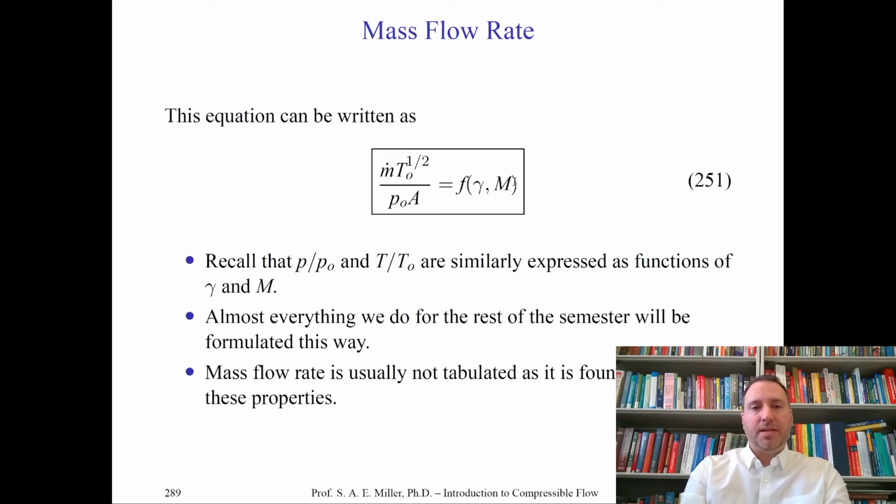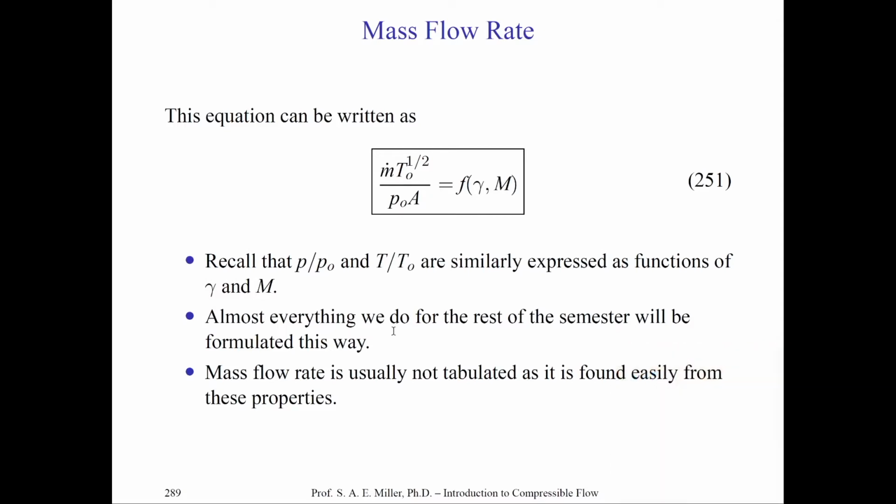Now you see this particular function is formulated only in terms of gamma and Mach number. You'll see that almost everything we do in this class will be formulated in a particular way as functions of gamma and Mach number. This is why Mach number is such an important non-dimensional number in fluid dynamics.